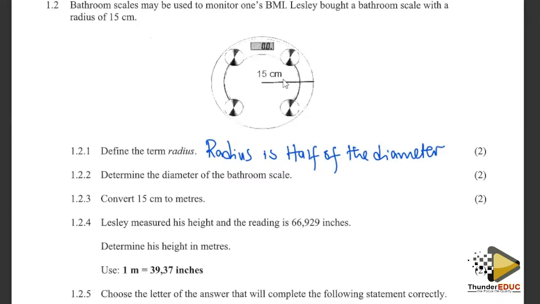For radius, we have different answers. Or someone can say it's the distance from the center of the circle to the circumference of the circle, from the center to the end of the circle.